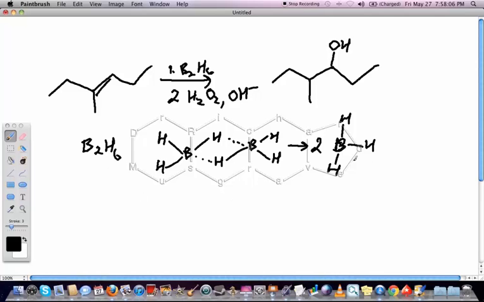Now if you look at borane, you'll remember that boron is electropositive, meaning it's less electronegative than hydrogen. So the electrons in the BH bond will be closer to the hydrogen, delta minus, than they will be to the boron.